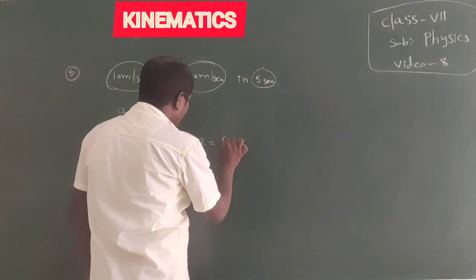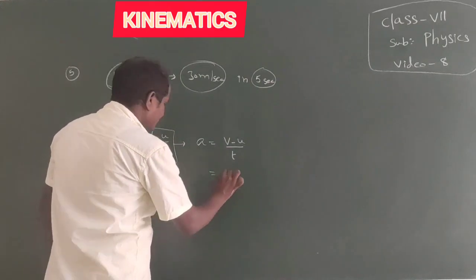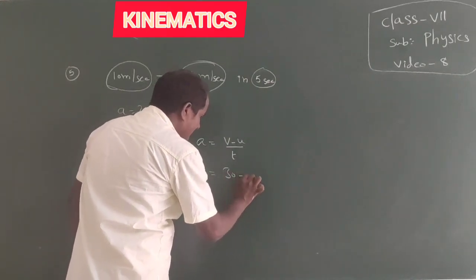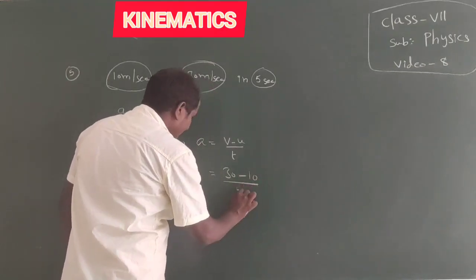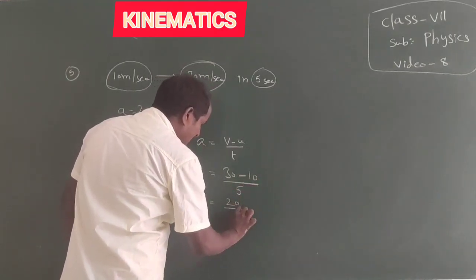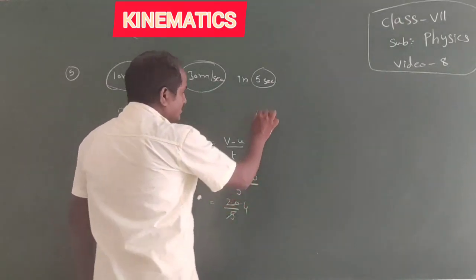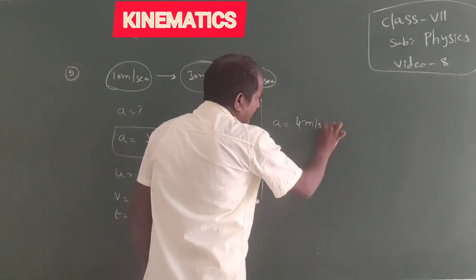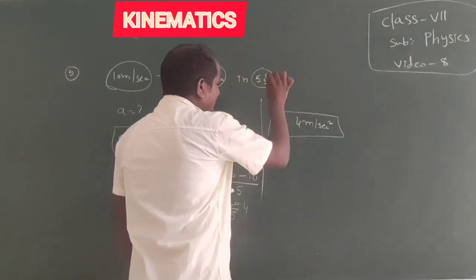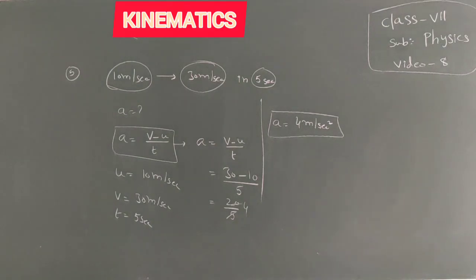Therefore a equal to v minus u by t, that is 30 meter per second minus 10 meter per second by 5, that equal to 20 by 5. So acceleration a equal to 4 meter per second square.